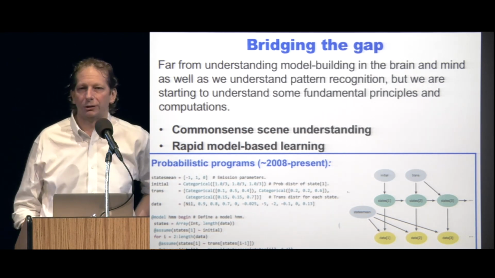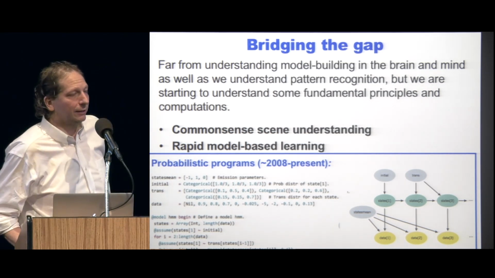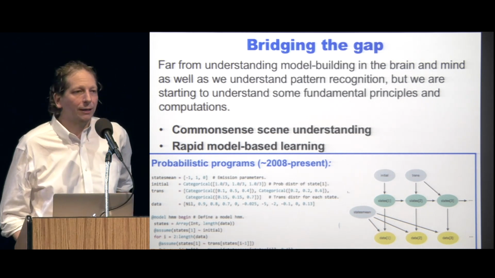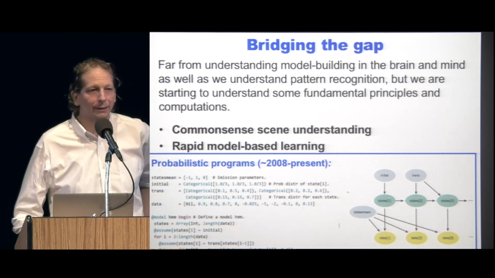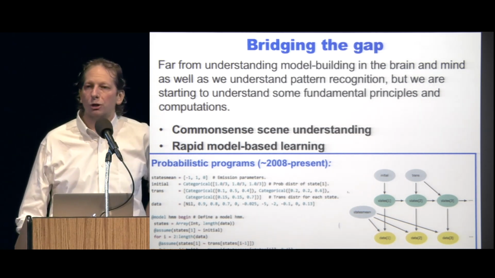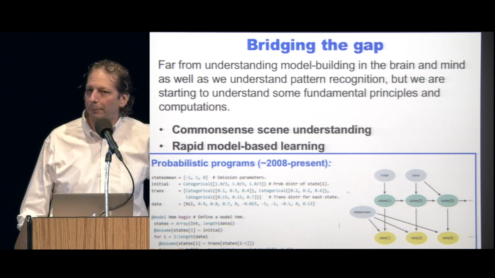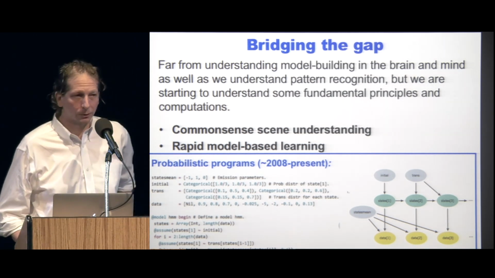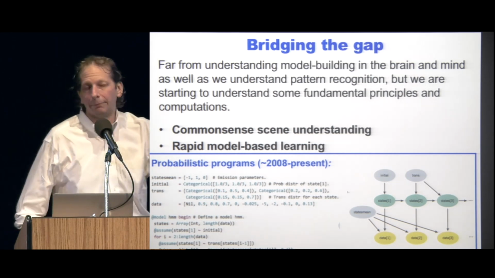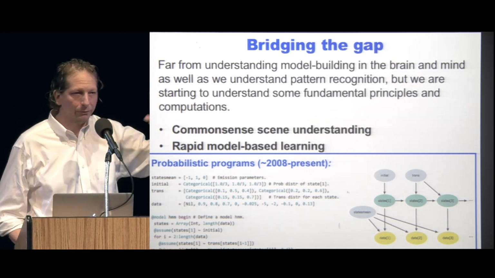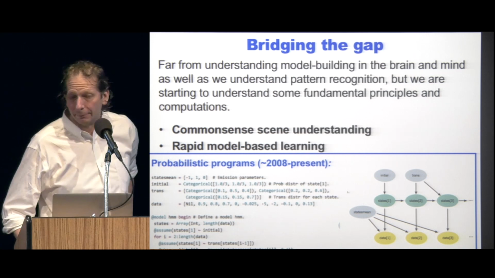He has a nice little introduction there. And there's a tutorial web book by Noah Goodman and me a little bit, called probmods.org. You can learn a lot about probabilistic programs there, with lots of web browser-based examples.